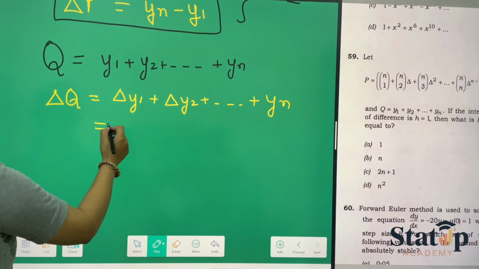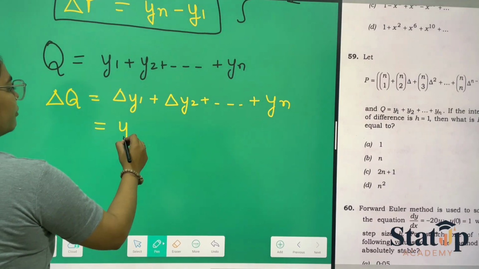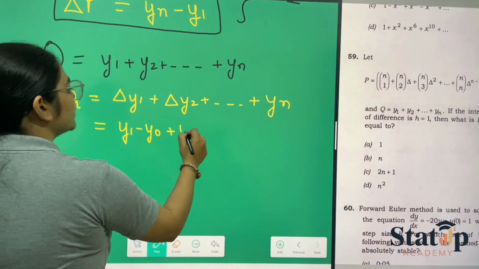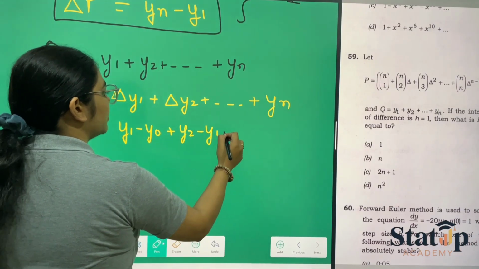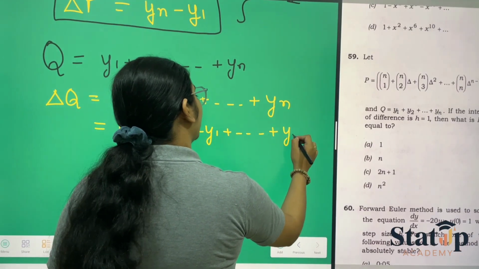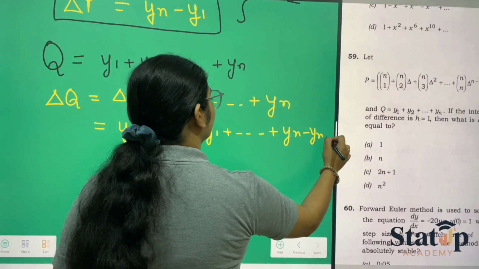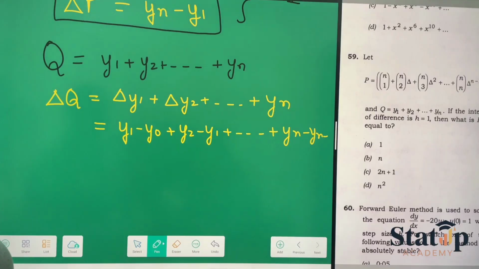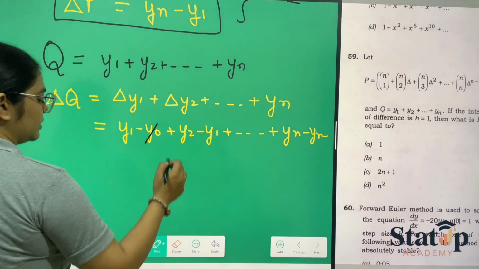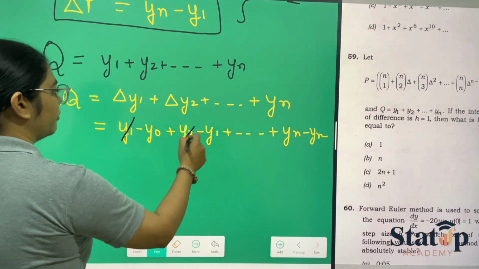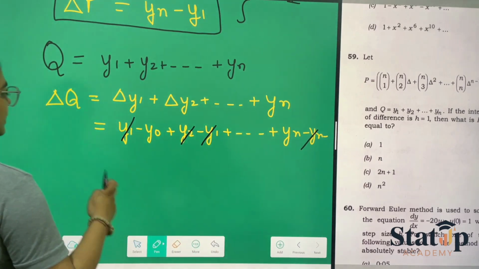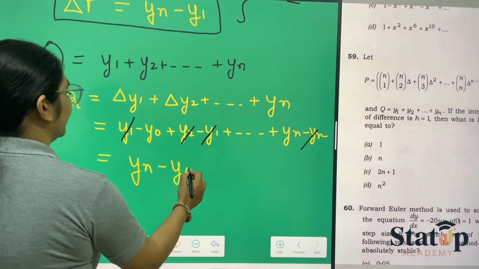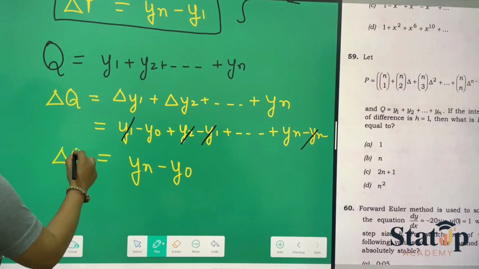And if we open this delta, this will be y1 minus y0 plus y2 minus y1 and so on yn minus 1. Okay, now you all can see that all these terms from 1 and in between get cancelled, and we are only left with yn minus y0. This is delta q.